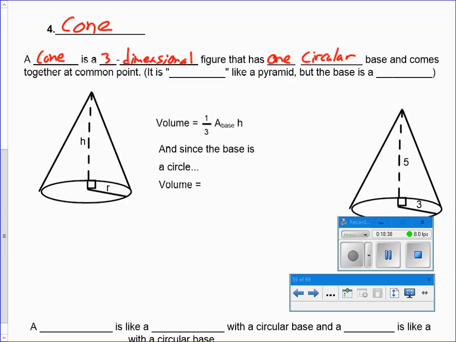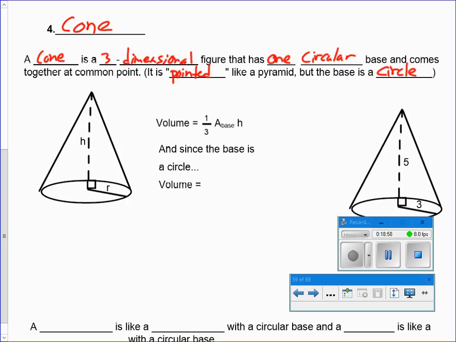So just like with the pyramid, it's pointed. The difference is the base here is a circle. It's the same difference between the prism and the cylinder as between the pyramid and the cone.